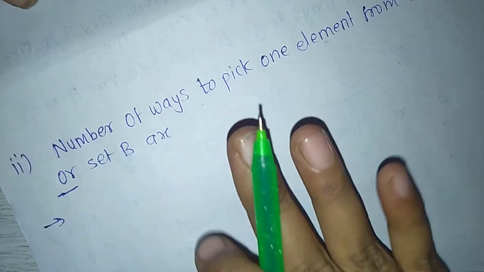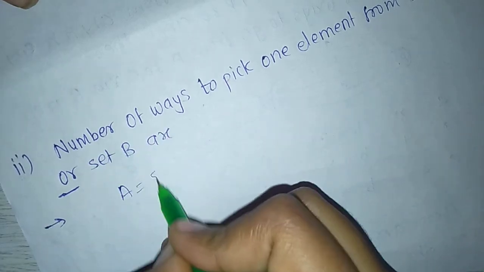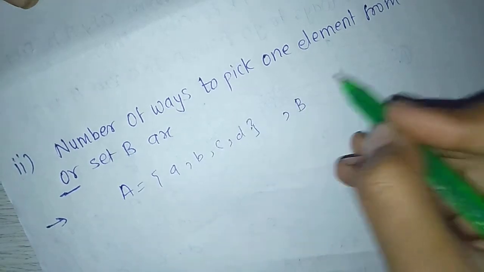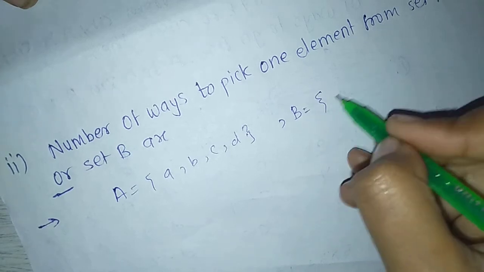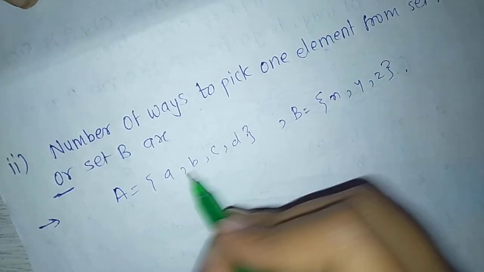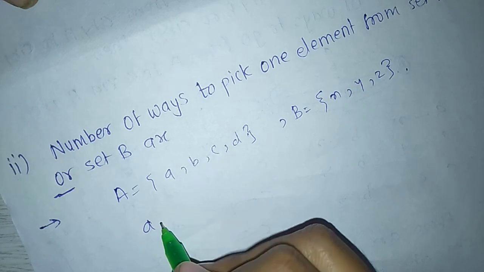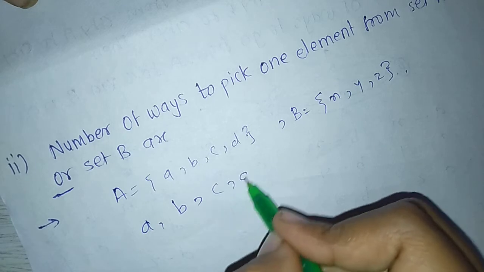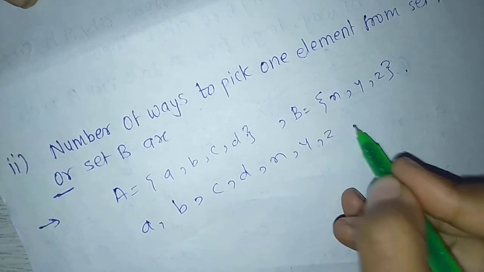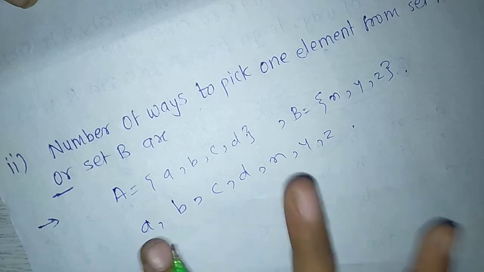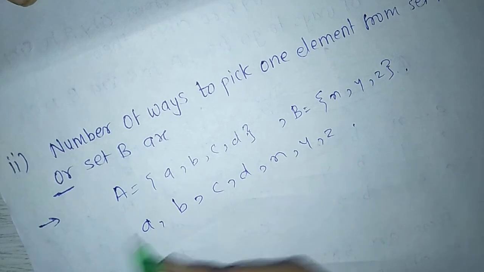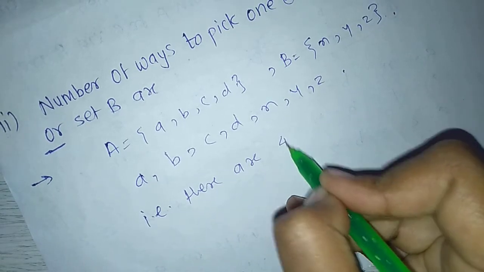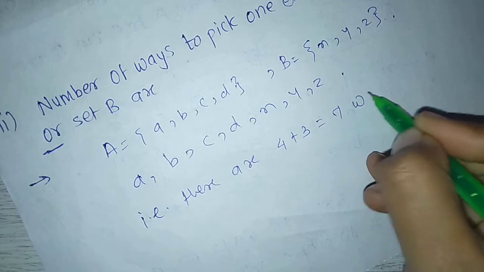It means the number of ways to pick one element from set A or one element from set B. So that means there may be A, B, C, D or X, Y, Z. Means the total number of elements is 1, 2, 3, 4, 5, 6, 7. That is, there are 4 plus 3 equal to 7 ways.